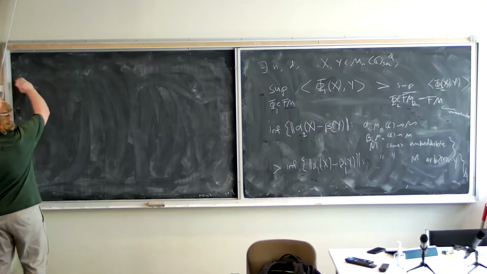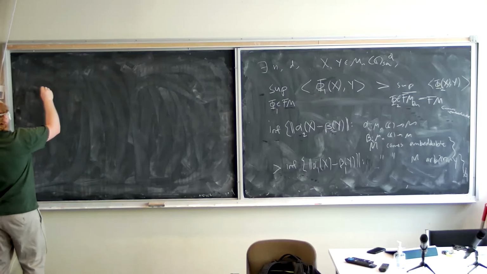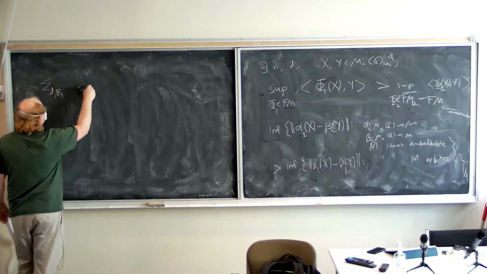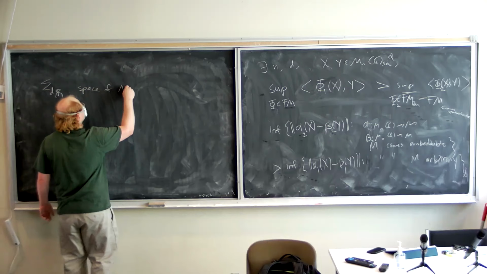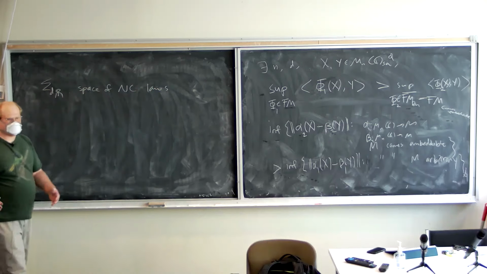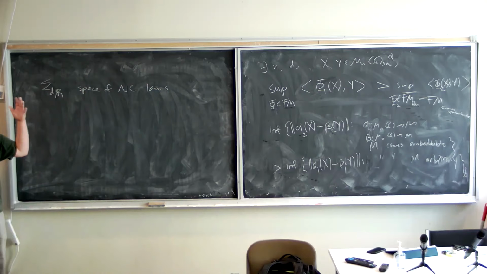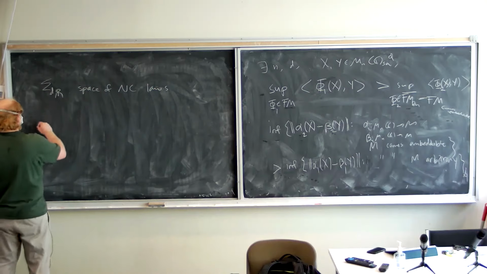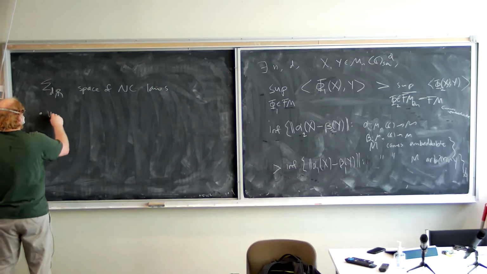So here's, okay, so again, like I told you before in the first part, we have some kind of space of non-commutative laws. I have a certain bound R, so I'm always restricted to a compact set as my support, so I don't have to worry about things at infinity. Another thing you could consider is topology on it.